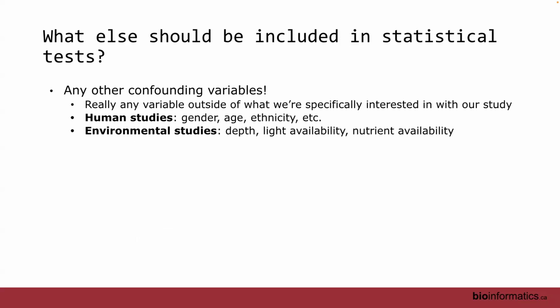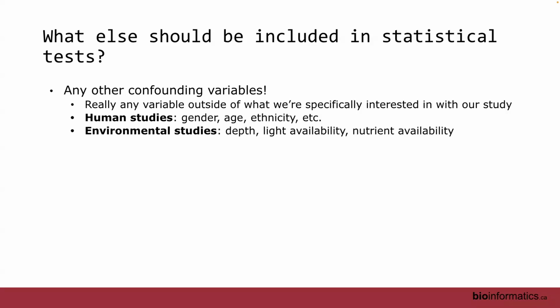And so that brings us to what else we should be including in our statistical tests. Really, that's any other confounding variables, so any variable outside of what we're specifically interested in our study. For human studies, this could be things like gender, age, ethnicity, diet, socioeconomic factors, a whole host of different things that we might want to include.